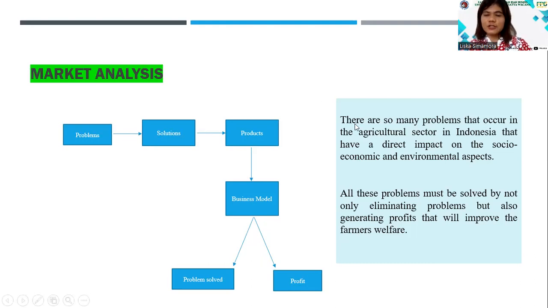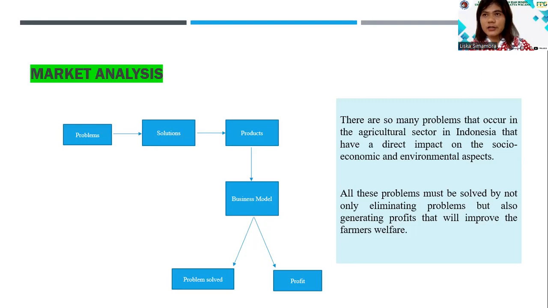So let's take the case to the agriculture field. There are so many problems that occur in the agricultural sector in Indonesia. They can be from the beginning to the end, on farm and off farm. The problems happen in each area of farming activity. Those problems have a direct impact on the social, economic, and environmental aspects.